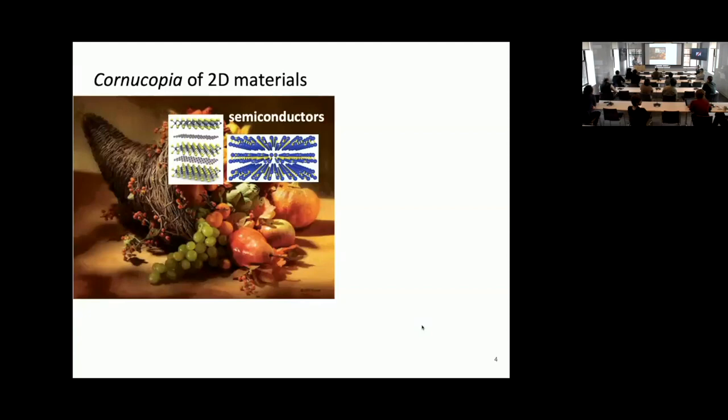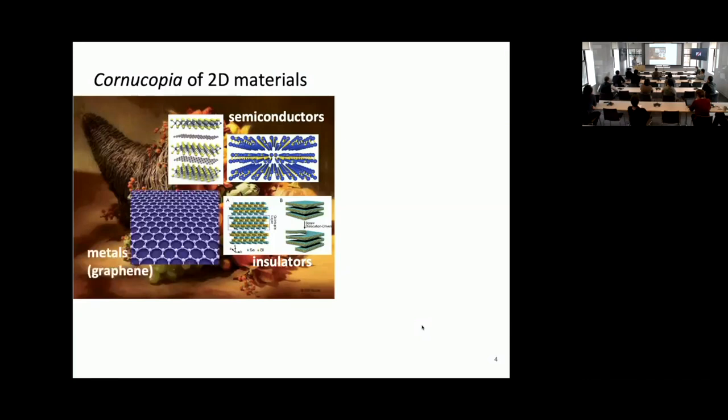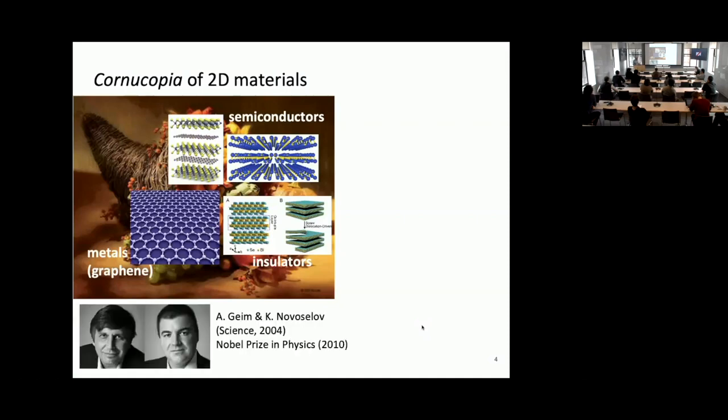Some of them are shown here, like transition metal dichalcogenides and hexagonal boron nitride and so on, and phosphorus, layered phosphorus, and there's also insulators, different types of insulators, and of course graphene, which is a metal. It's a semi-metal, but lightly doped, it becomes one of the best metals.